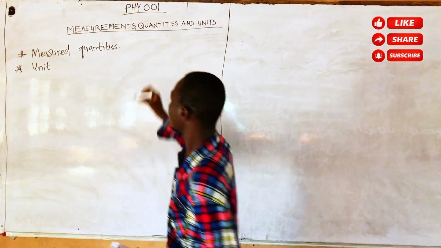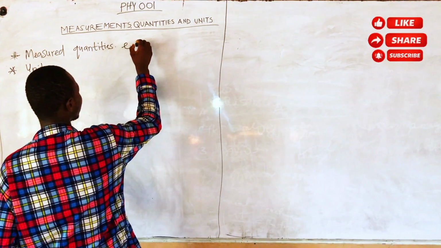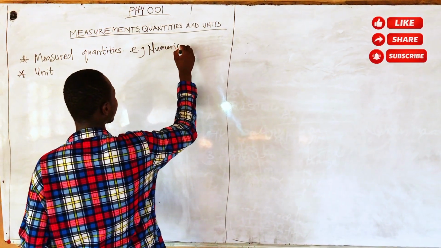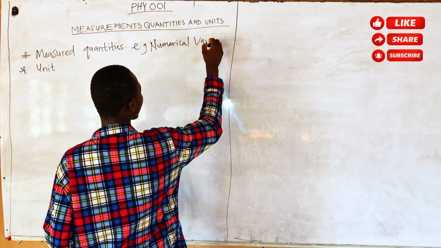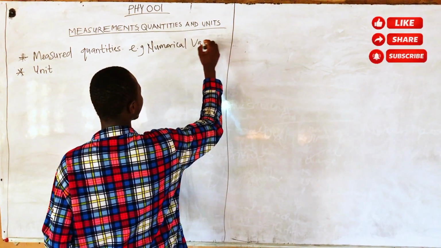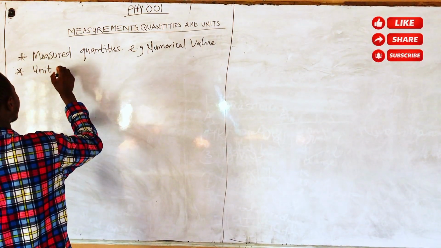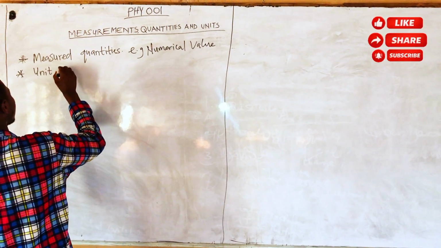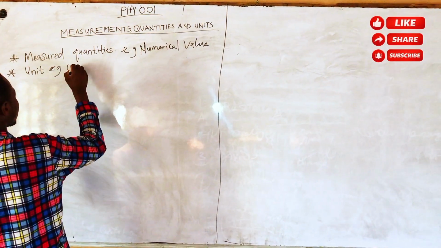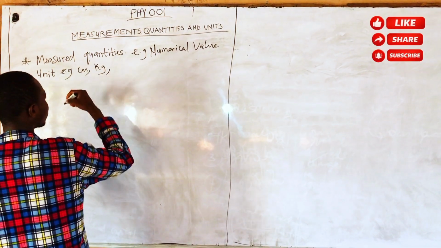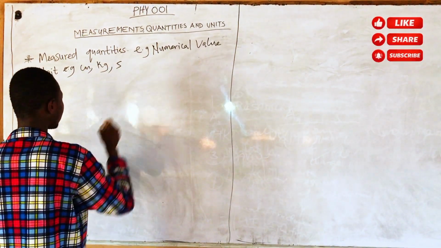This measured quantity can be any number, that's the numerical value. The unit can be anything. It can be centimeter, kilograms, seconds, etc.